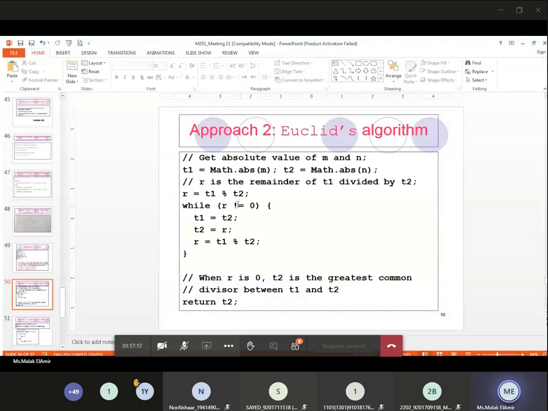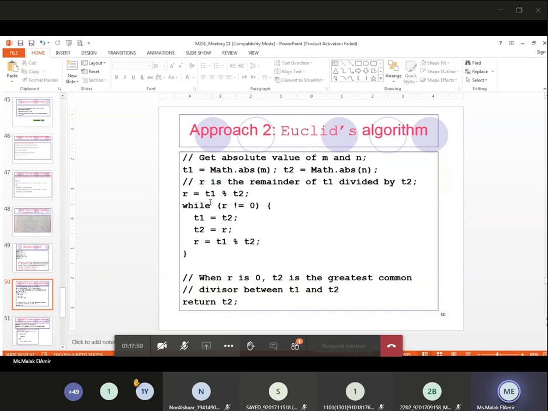If the remainder is not equal to 0, I'm going to make T1 equal T2, and T2 will take the remainder, and calculate again the remainder R of T1 modulo T2. Again, if R is not equal to 0, T1 will take the value of T2, T2 will take the remainder, and the new remainder will be the remainder of T1 divided by T2.